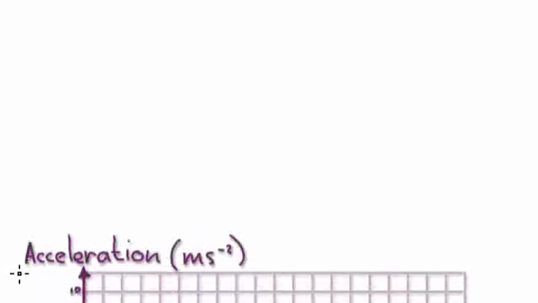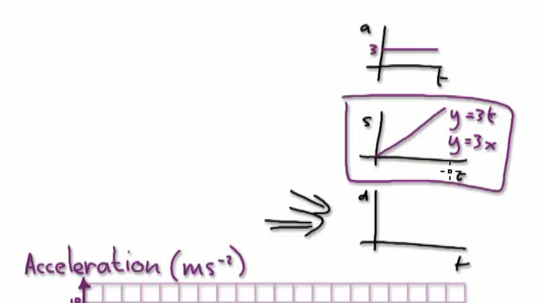Here your acceleration is 3. That means your speed graph will have a gradient of 3, so s equals 3t, or 3x, it's up to you. I like x and y, so this line here would be y equals 3x.